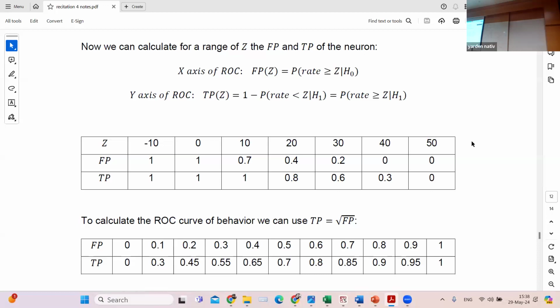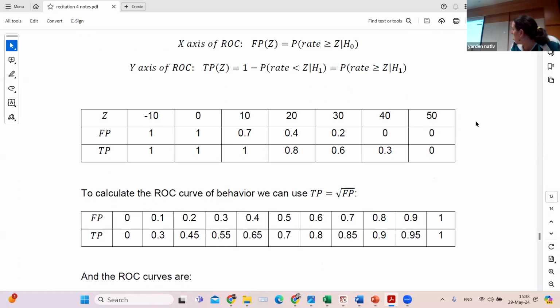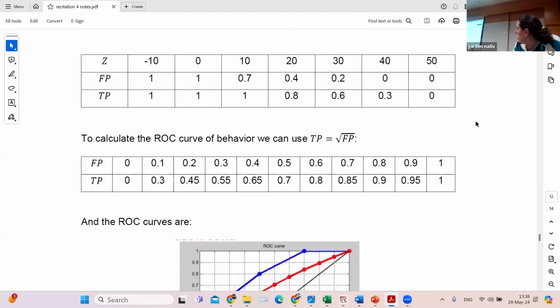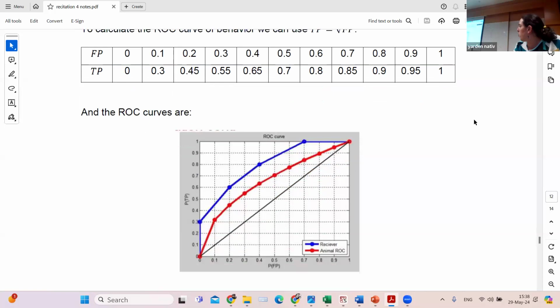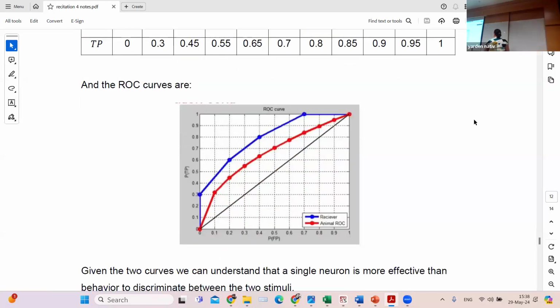Okay, so we can create something like this. And then we can plot. The x-axis means the false positive, and the y-axis the true positive.